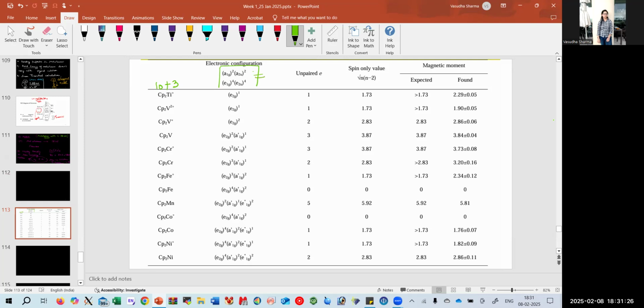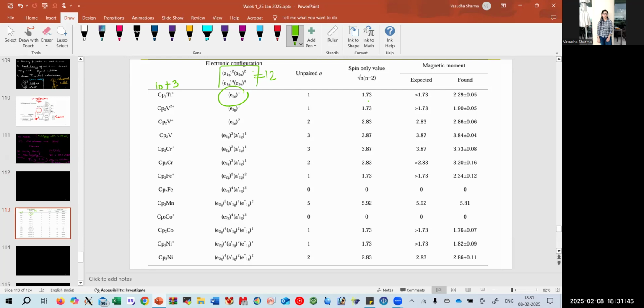Already 12 electrons have been filled, so what is left is E2G1. Similarly for vanadium plus 2, it also will give you 10 plus 3, and E2G1 would be the valence orbital.